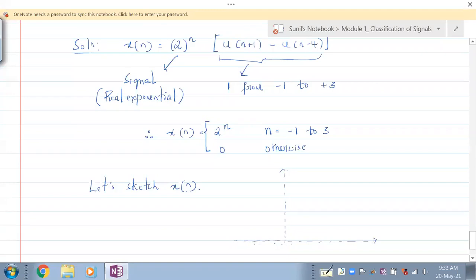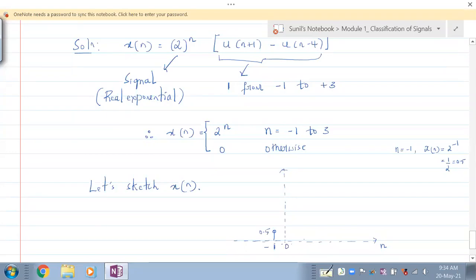Now at minus 1, what is 2 power n? For n equal to minus 1, 2 power n is 2 power minus 1, which is half. So at n equal to minus 1, x of n is 0.5. Let's write that here. So this is 0.5.